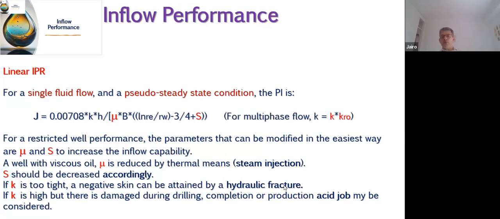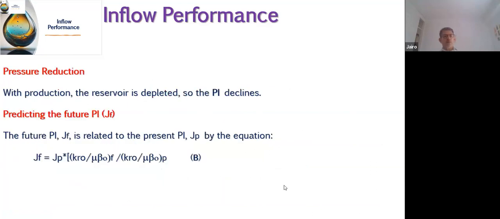For multiphase flow, K is replaced by K times the relative permeability to the oil. With pressure reduction from production, the reservoir is depleted, of course, and so the PI declines. Predicting the future PI is related to the present PI through this equation.